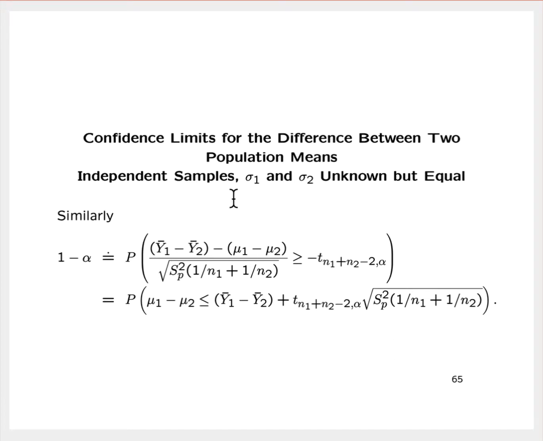All right, similarly, the probability that the studentized version of the difference in sample means is greater than or equal to the negative of the upper alpha percentage point of this t-distribution is 1 minus alpha. That implies that the probability that the difference in sample means plus the t-value times the estimated standard error of the difference in sample means is greater than or equal to mu1 minus mu2 is also 1 minus alpha.